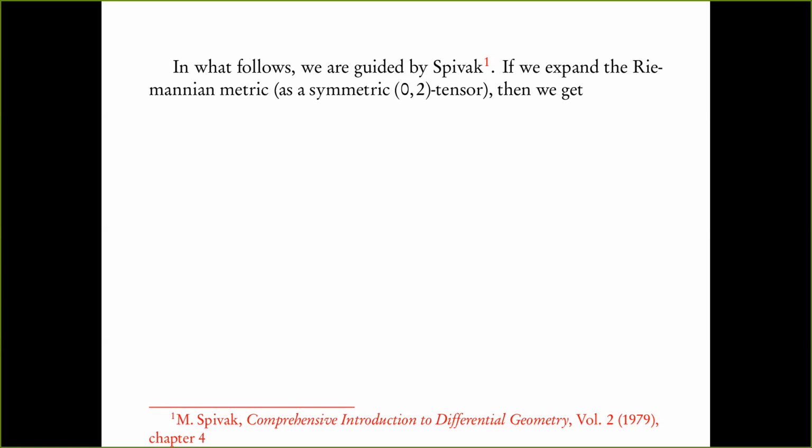Okay? So what we do, well, if you expand the Riemannian metric, so the Riemannian metric is a 0-2 tensor because it takes in 2 vector fields and outputs a scalar or a function. So then we know that the Riemannian metric can be, if you take the norm square, what does it look like? It looks like Gij at x, dxi, dxj, right? It's a symmetric 0-2 tensor.